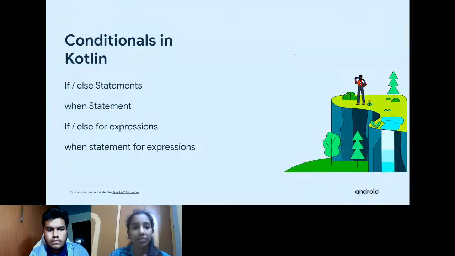There are different types of conditionals like if else statements and the when statement. We'll be discussing if else first and then the when statement. And then we'll be discussing how we can use if else statements with expressions and the when statement with expressions. So I want you all to open the Kotlin playground and code along with me.